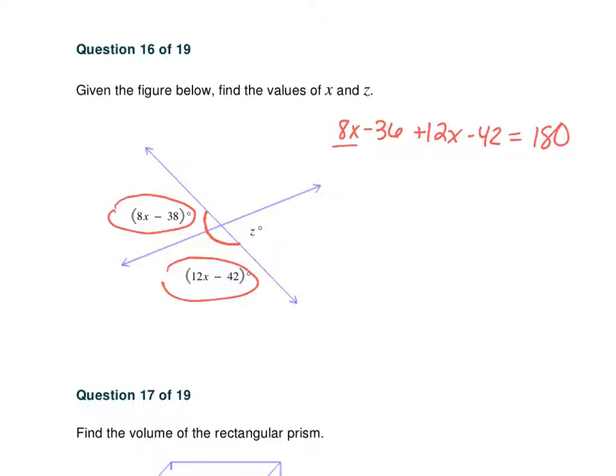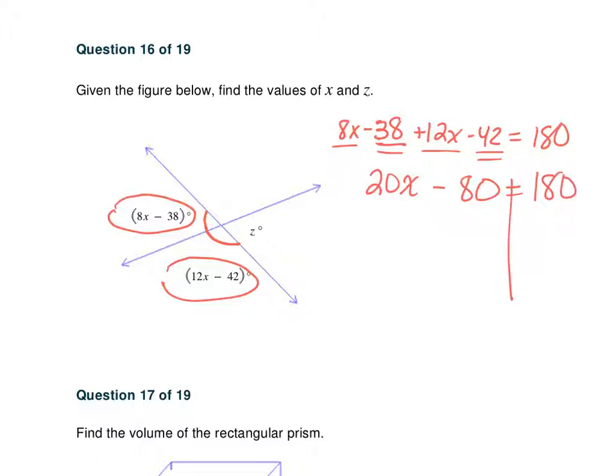So when I combine my like terms, here I have 20x and then negative 38, it should be a 38 there, I'm sorry. Negative 38 plus negative 42 is negative 80. And that's equal to 180.